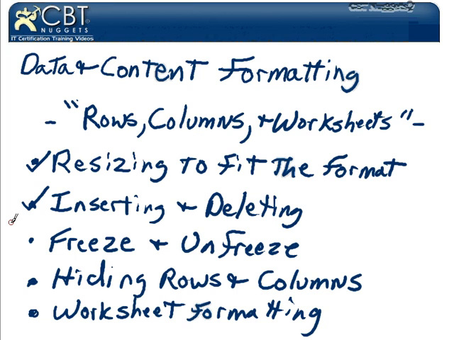We might say, hey, I need a different title column that goes in between these 2 columns, so I can insert one or delete one if I need to. Same thing with rows. We can also freeze and unfreeze panes. So if I want to freeze the top 2 rows so I can scroll down and still see what column I'm under, I can do that. Or if I freeze columns, I can scoot left to right and see what's going on with that as well.